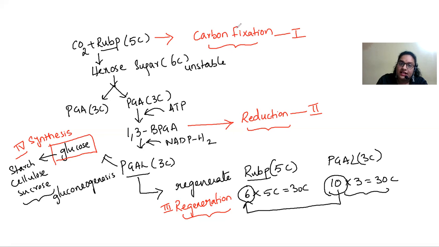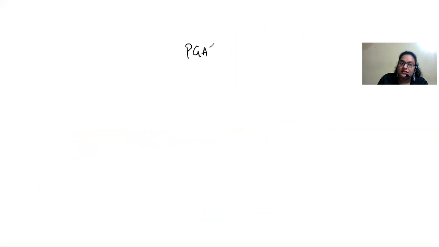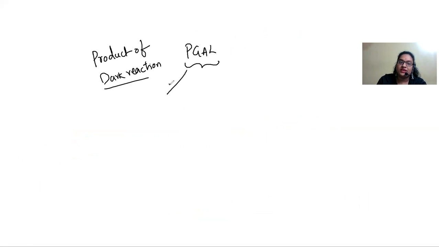And coming to another thing, children, what is the fate of the PGAL, the terminal product formed in the dark reactions? Firstly, it is going to be used in the formation of glucose.